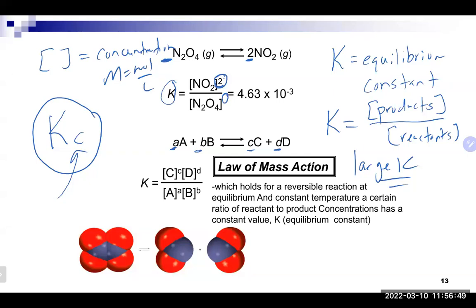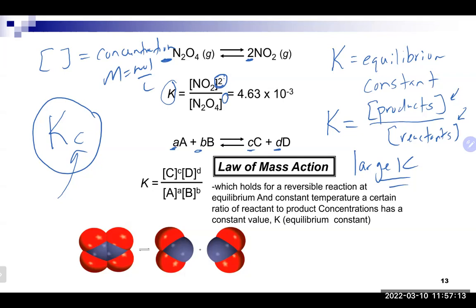Would I mainly expect to have reactants or products present? It would be products, just math-wise, since the equilibrium constant is products divided by reactants, right? In order to get a large value, I would need more products on top and less reactants on the bottom, mathematically speaking. So you would expect to have more products at equilibrium.